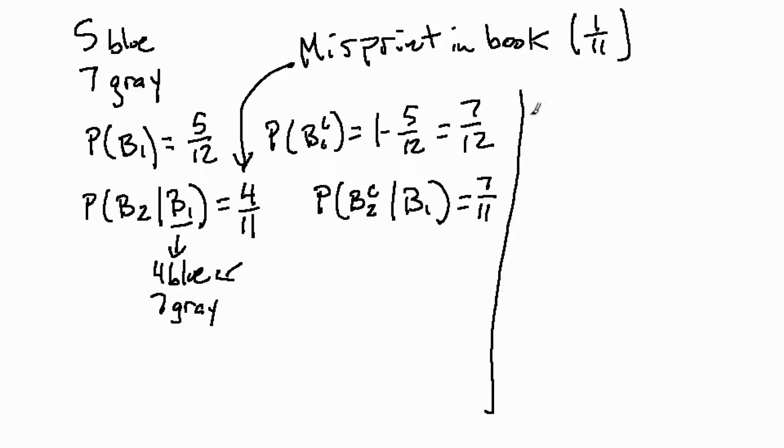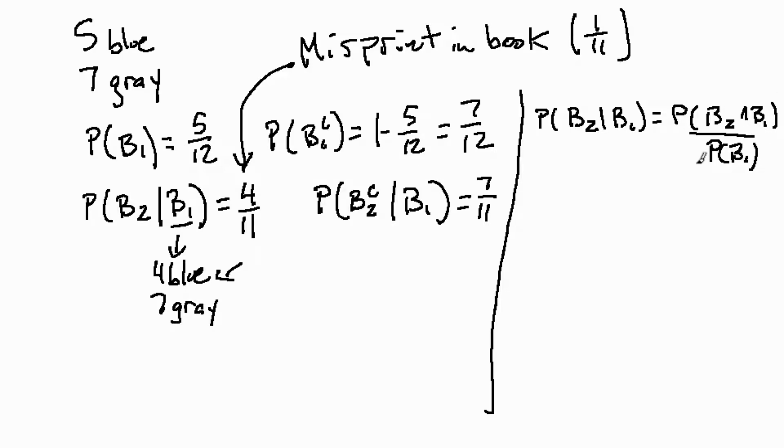Remember what we said over here, that the probability of B2 given B1 is equal to the probability of B2 intersection B1 over the probability of B1, and if we multiply both sides by the probability of B1, then we get that the probability of B2 given B1 times the probability of B1 is equal to the probability of B2 intersection B1.